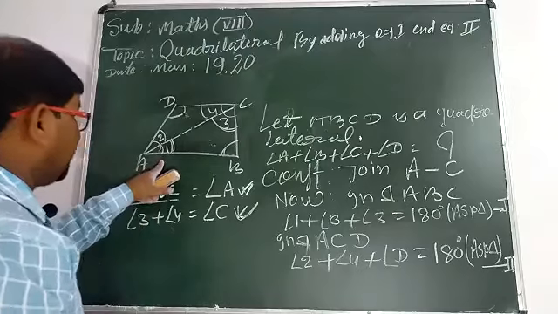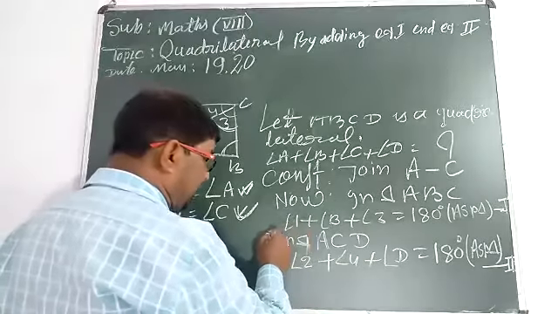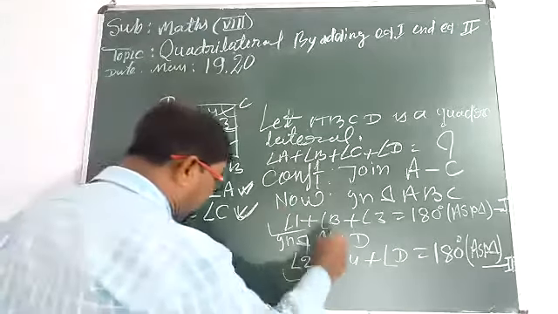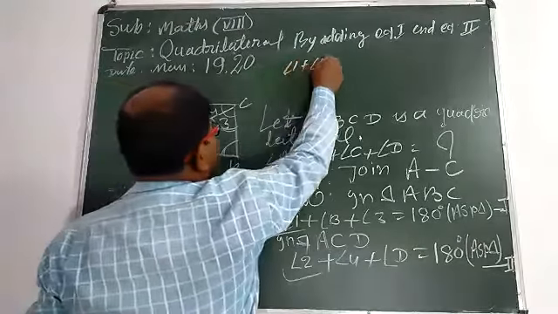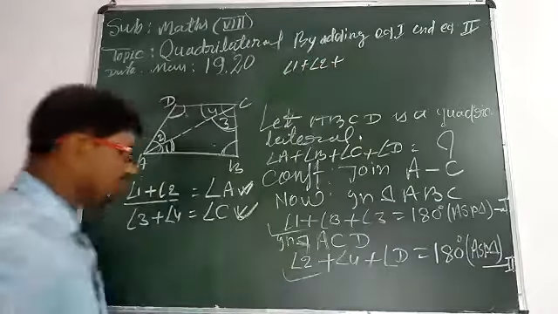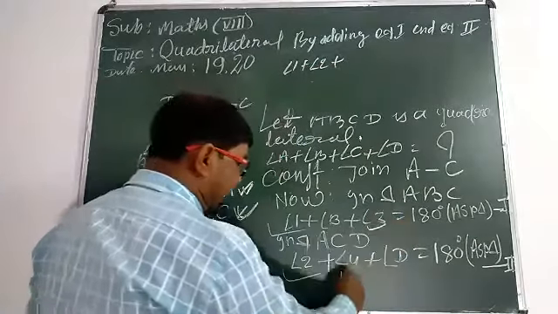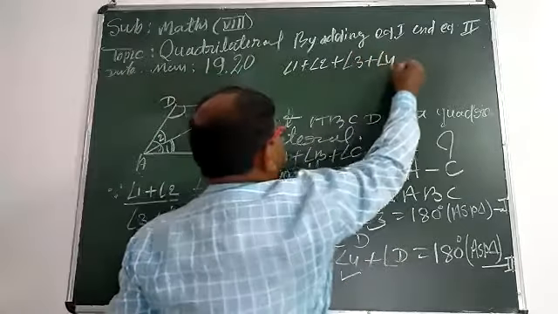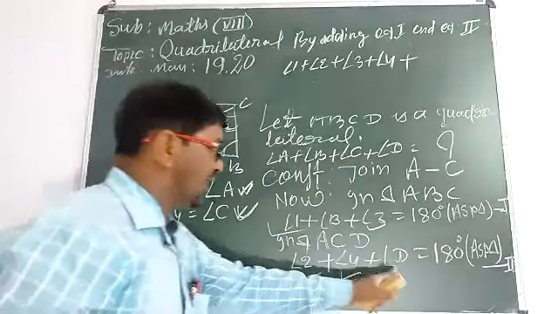From the first equation, you are taking angle 1, from the second equation, angle 2. So angle 1 plus angle 2 plus angle 3 plus angle 4 plus angle B plus angle D.